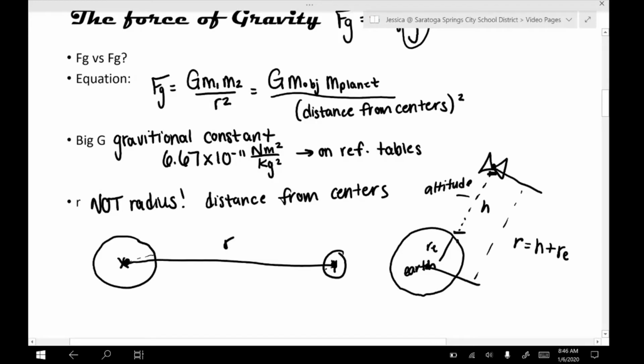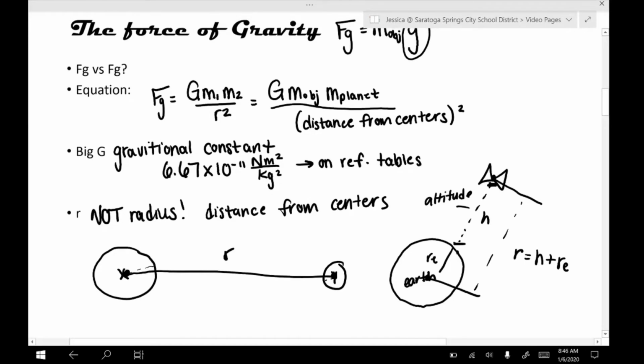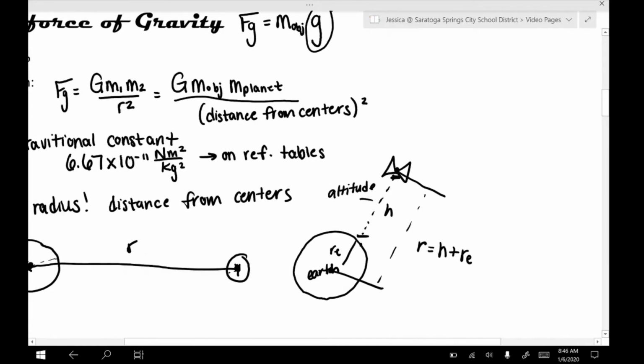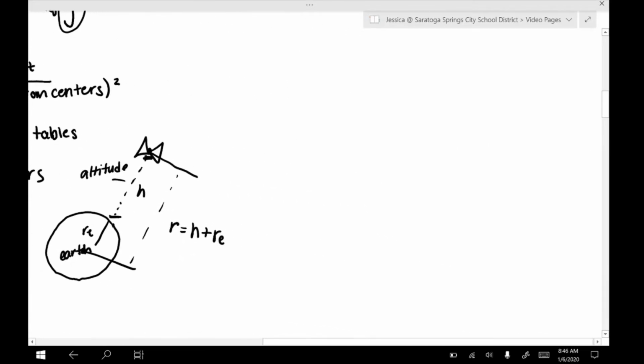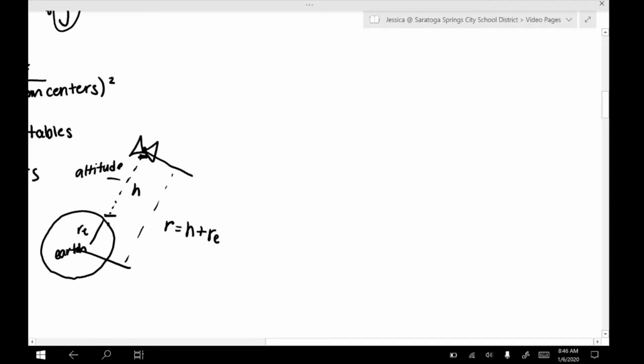So let's talk about how the AP exam really likes to use this equation, because substituting in actual numbers to this equation is kind of annoying. So the way that AP loves to use the equation is they'll say, you have some planet M and some satellite above planet M at a distance r.